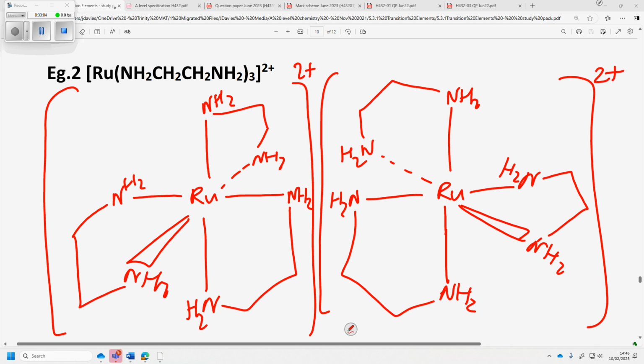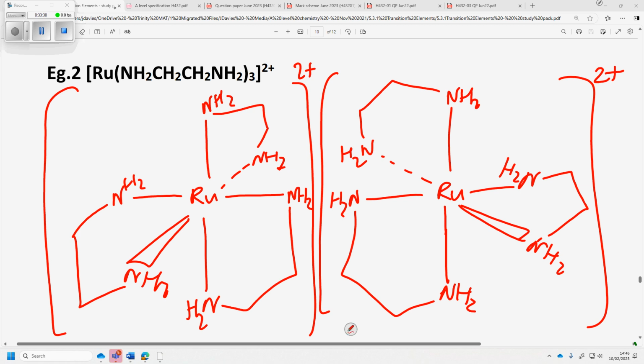Now looking at the picture for that, I can see the ruthenium ion at the centre, 2+, and the bidentate ligands have no charge in this case. Those two are perfect mirror images. They are non-superimposable mirror images, so they are optical isomers.